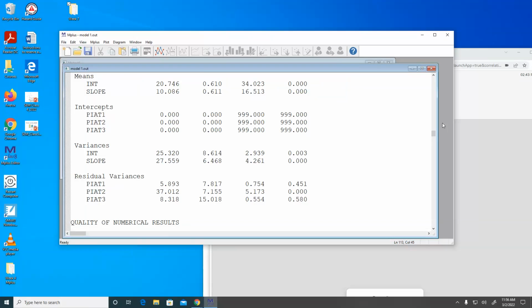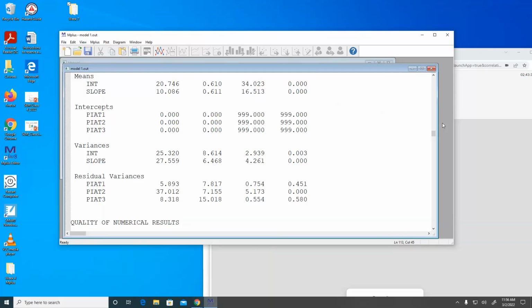And the variances in the intercept and the slope, that's telling me about how much variability there is in terms of where kids start, and that variance is like 25.32. I could take the square root of that, and that would give me an idea. I think that's really useful, actually. If you say the intercept is 20.75, right?